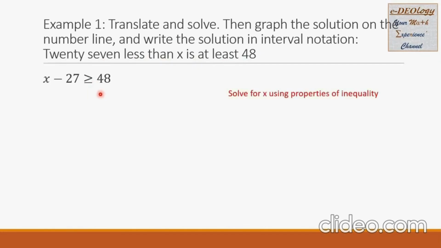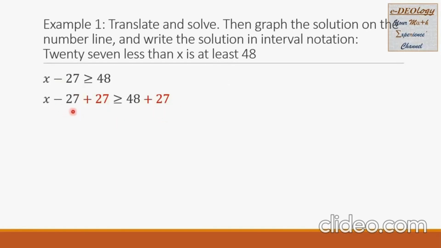So we will solve for x using properties of inequality. We want to make this x alone on the left side of the inequality. We want to remove this negative 27. So what we will do, we're going to add 27 to the inequality. It means to the left side and to the right.